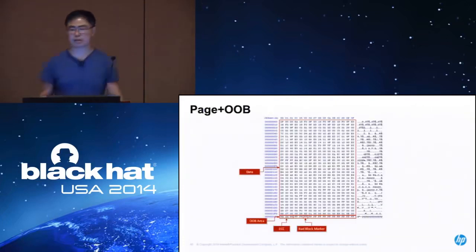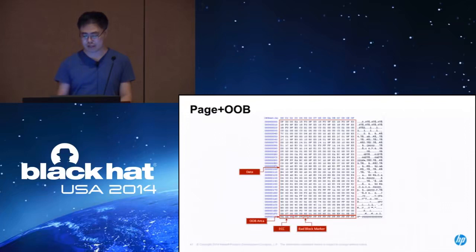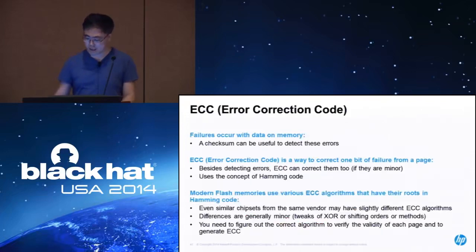So from here, actually, the software part starts. As I said, there is a data page, and there is the OOB area, and ECC, bad blocks. The first thing you need to consider when you are trying to reverse engineer this NAND flash image is actually ECC. The ECC concept was invented in the 1950s when people were using punch cards to program. Whenever you punch each card, there are a lot of chances that you make mistakes.